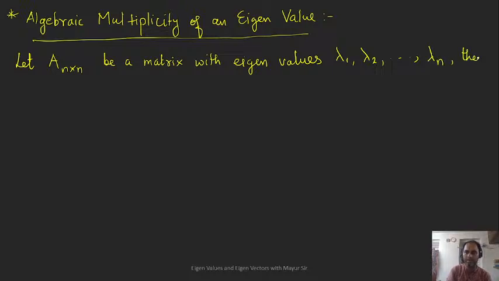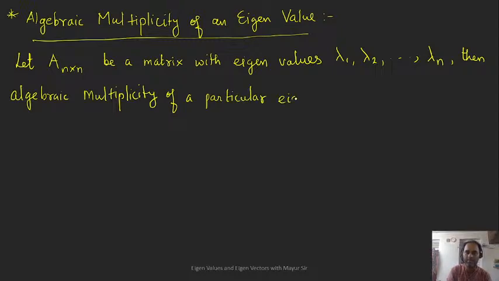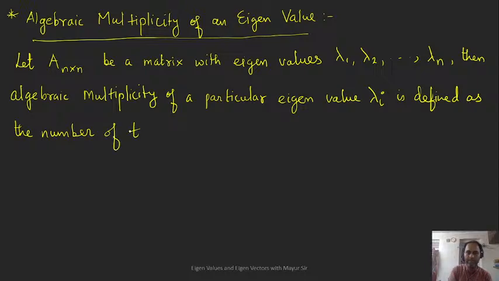Then the algebraic multiplicity of a particular eigenvalue lambda i is defined as the number of times that eigenvalue is repeated.